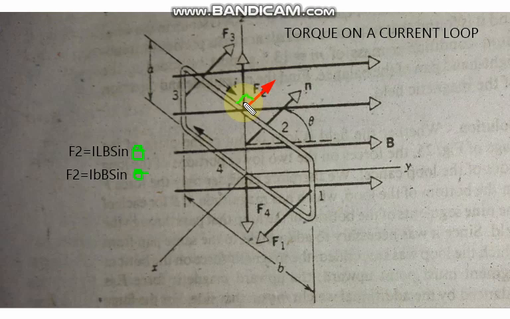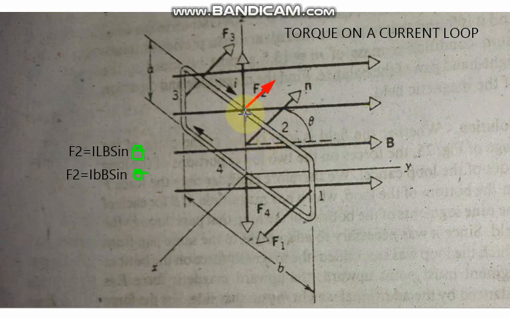This is a 90-degree angle. And the angle between the unit normal n and B is theta. Okay, sorry, we will take this angle on this side because the current is flowing this way.